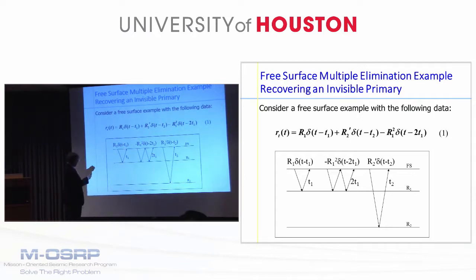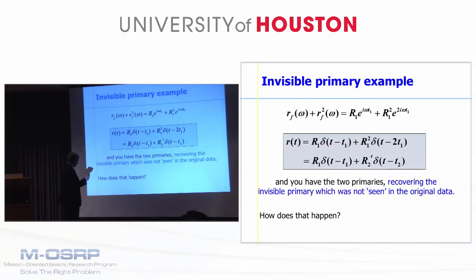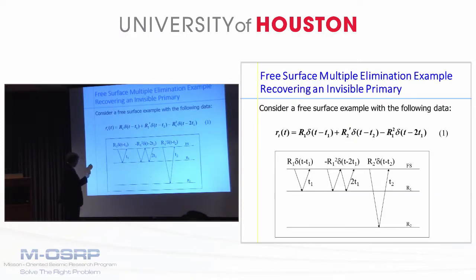You put these three events in. This is the first primary, the second primary, and the free surface multiple. Yes? Here, you put this in the algorithm. In other words, these two cancel. The only data you see is this. You make these cancel.